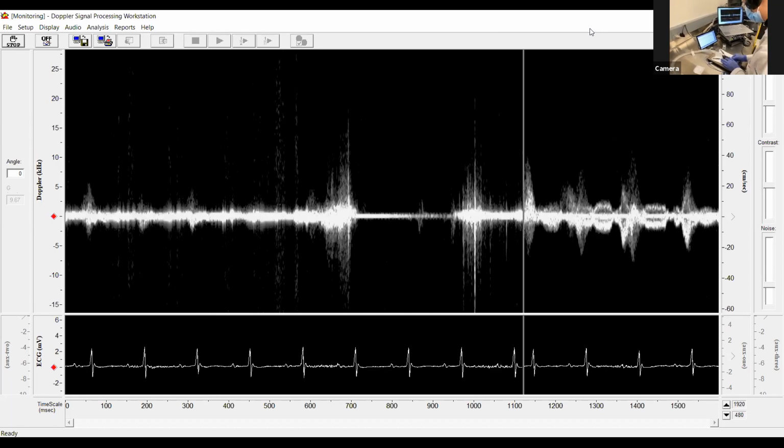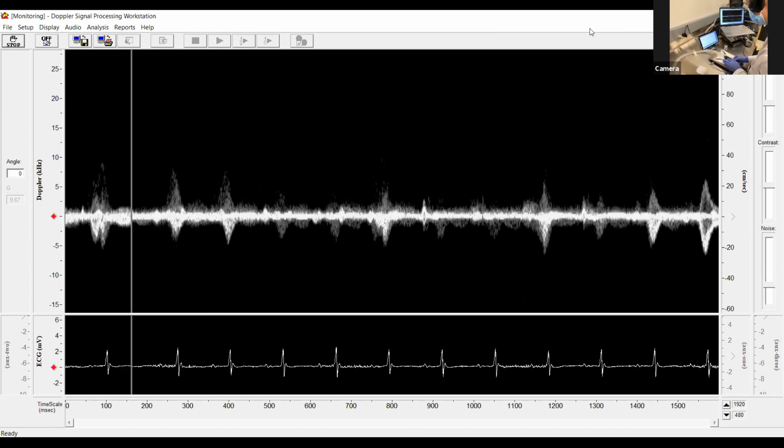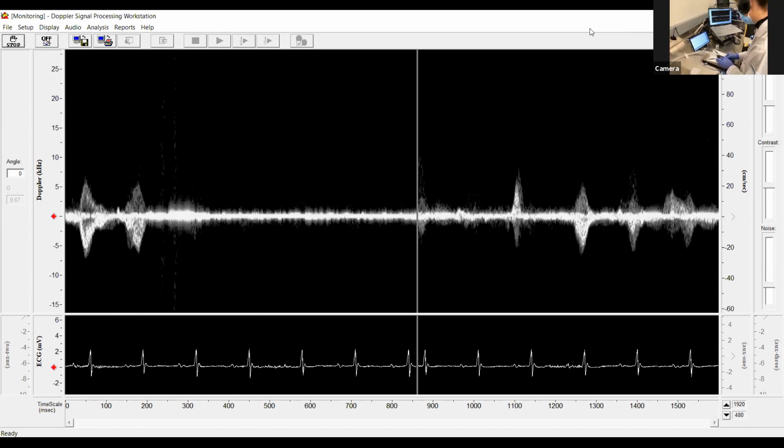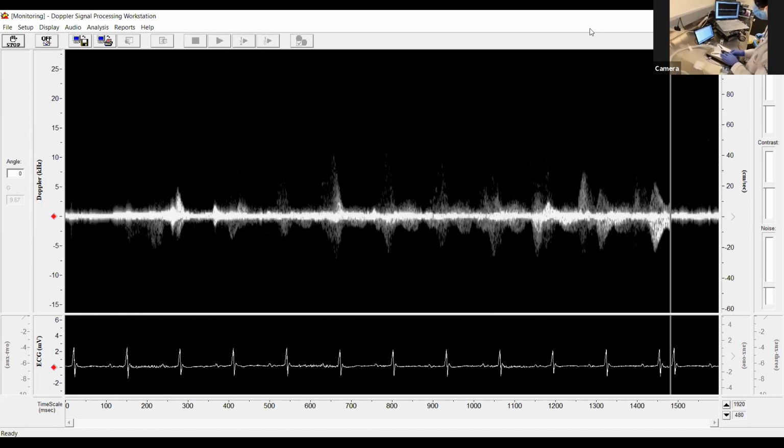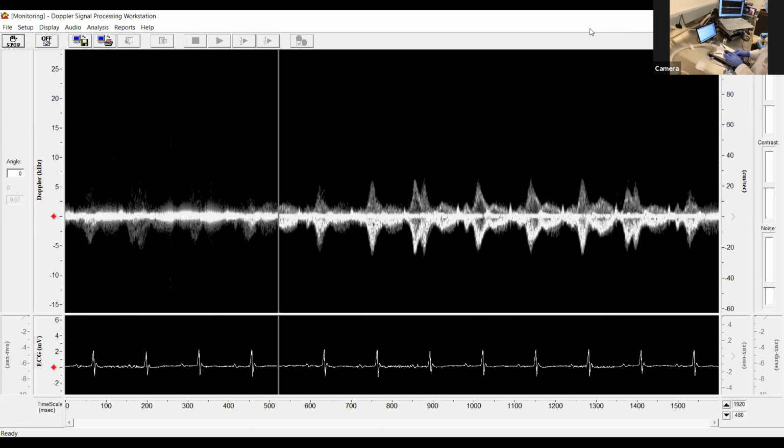So that's coming through the computer, and often we can recognize the different flow velocities based on that signal and the sound without even looking at the screen.